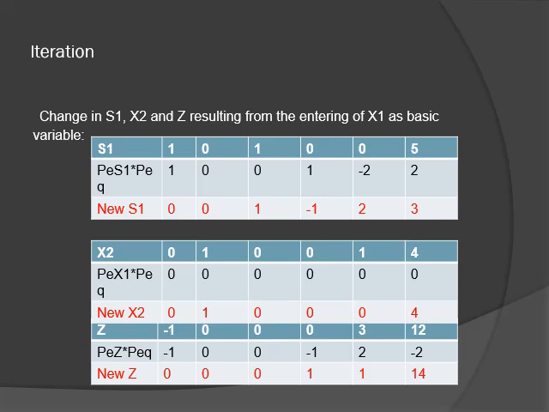The entering of x1 as a basic variable will impact s1, x2 and z. The new s1 will be 0 0 1 negative 1 2 3. The new x2 will be 0 1 0 0 and 4.